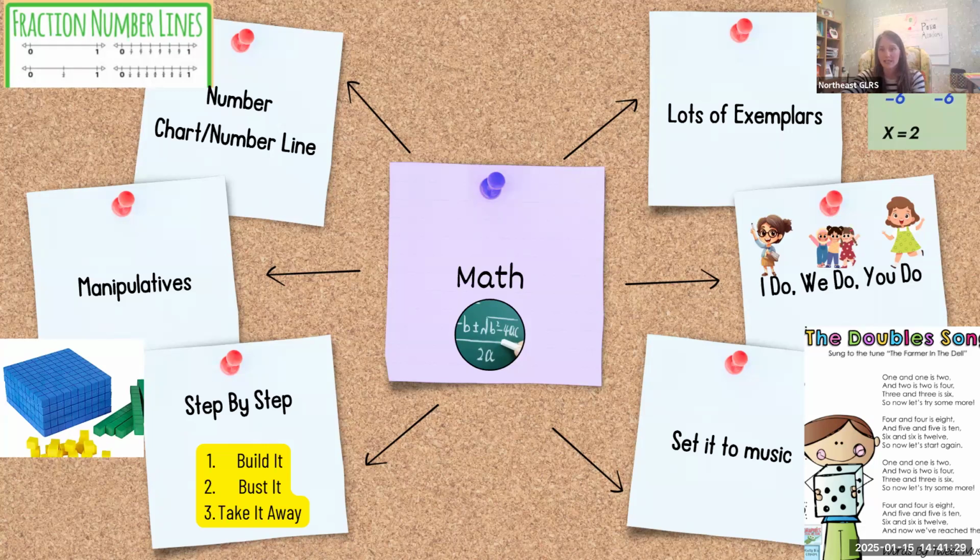Making sure that we're working step by step with our students is another great strategy for us to use. Whenever my co-teacher and I taught three-digit subtraction, what we would do is we would come up with a step-by-step chart for them to use.